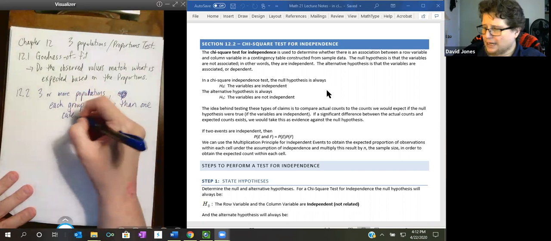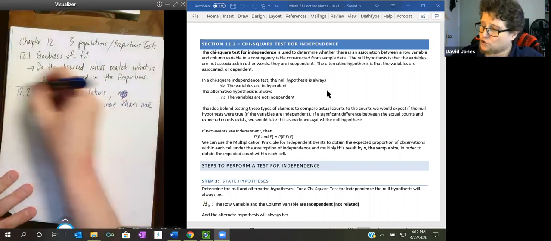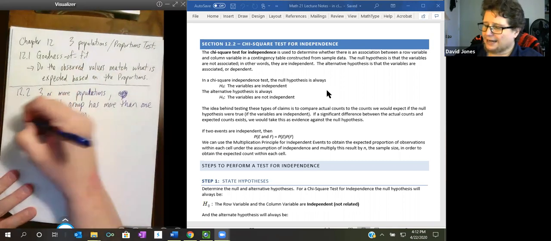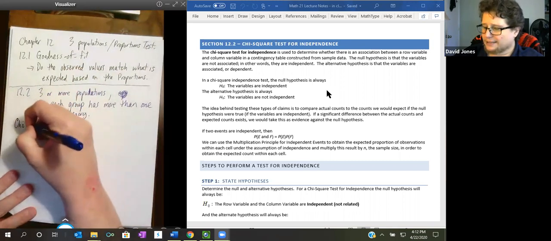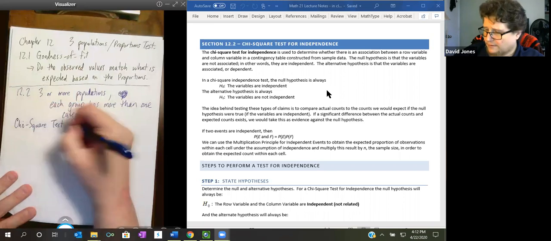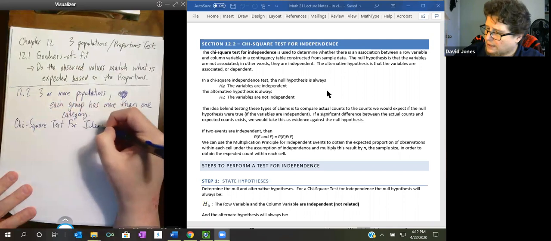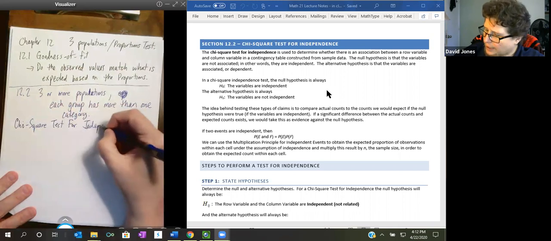And so what we end up doing is we end up making a table. 12.2, this is the chi-square test for independence.